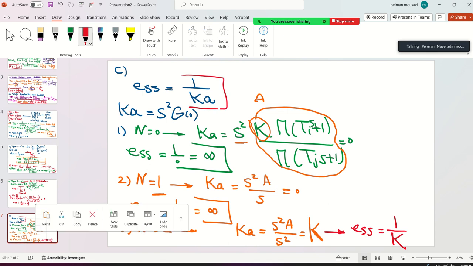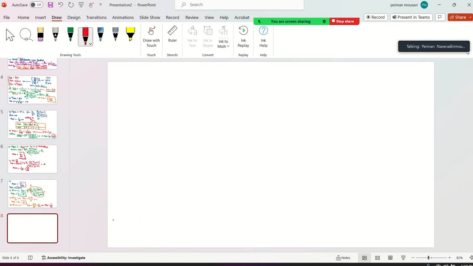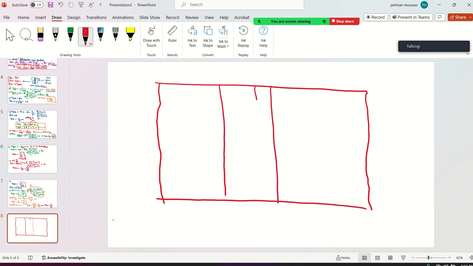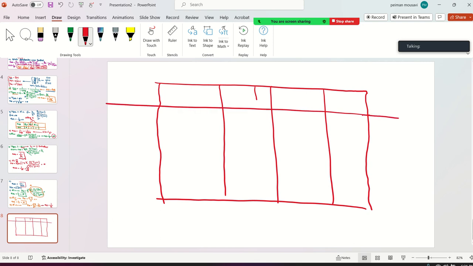Now I can make the complete table by type 0 system, type 1 system, type 2 system.